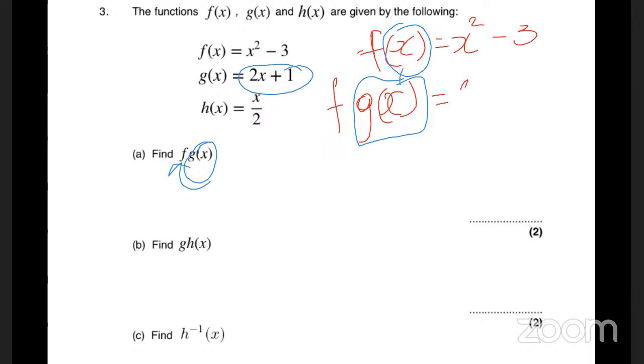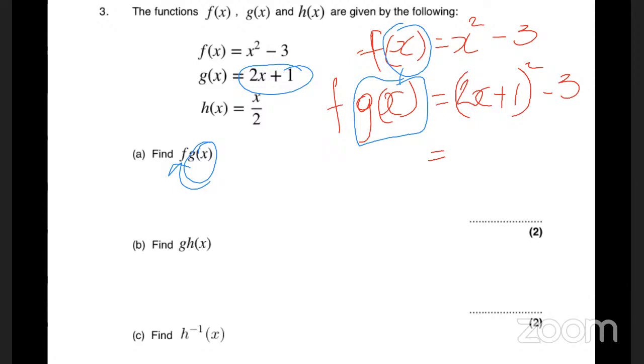So I'm going to write 2x plus 1, open and close bracket and put the square out there because it's x squared. So that means anything I put there, everything must be squared. Put back our minus 3, equals. Now what is 2x plus 1 squared?